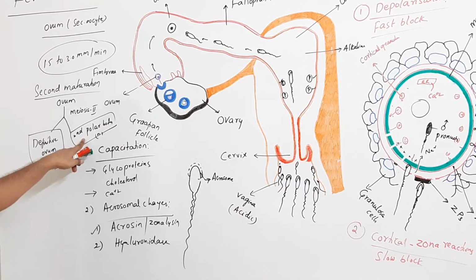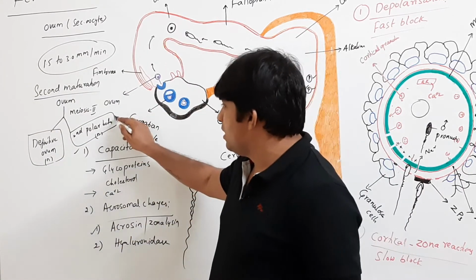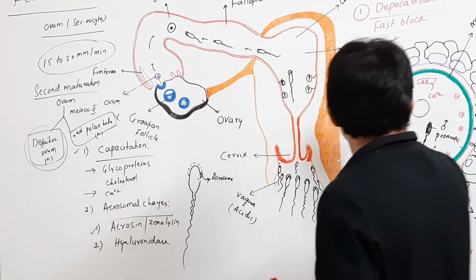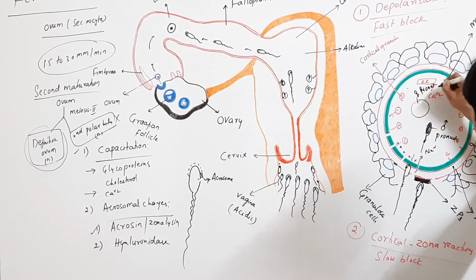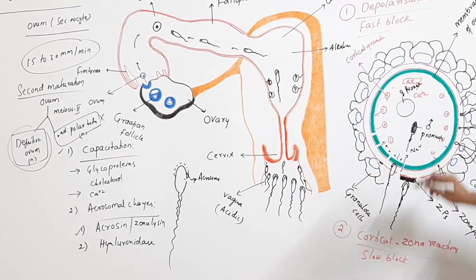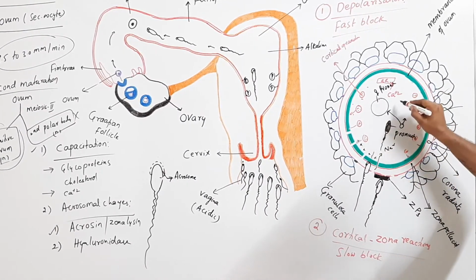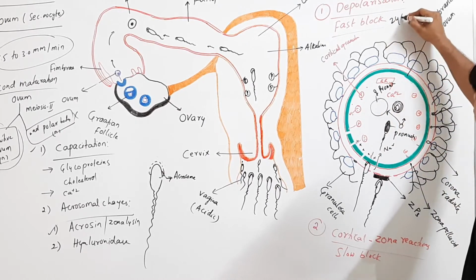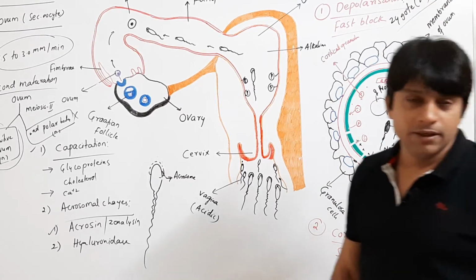Because the polar body receives very little cytoplasm, it no longer divides, and only the definitive ovum remains, which is now called the female pronucleus. Clear? Now the male pronucleus and female pronucleus fuse, resulting in the formation of the zygote, which is diploid.